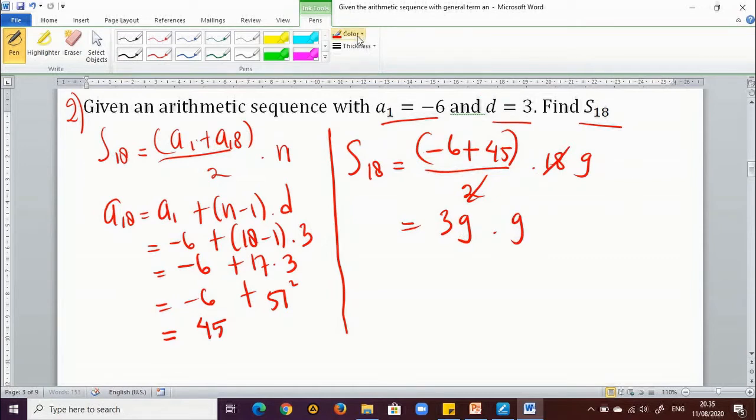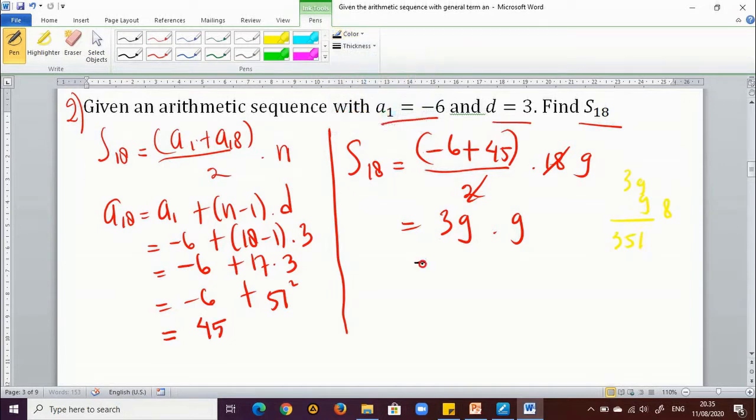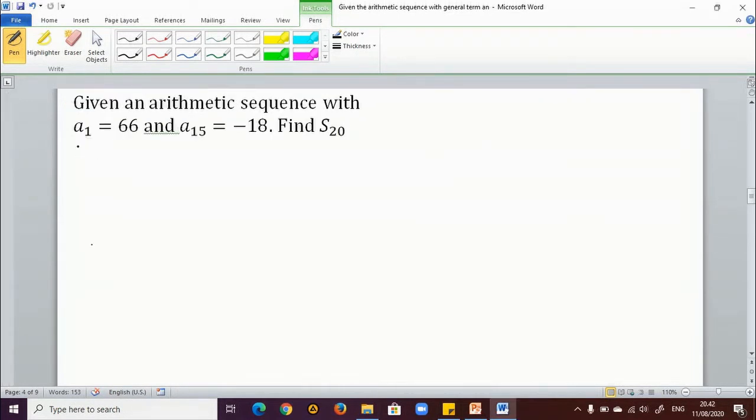Let me calculate first: 39 times 9 is 351. So the value for S18 is 351, everyone.